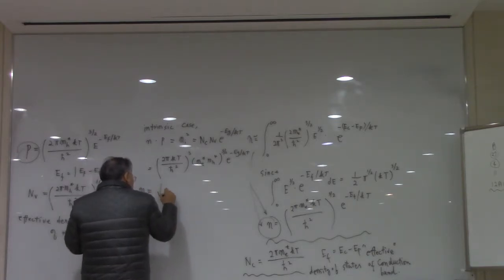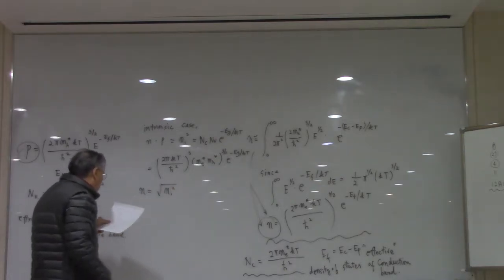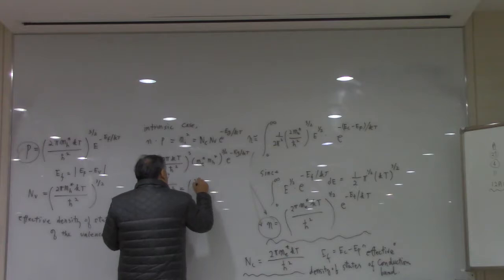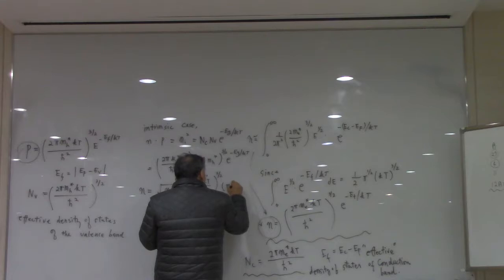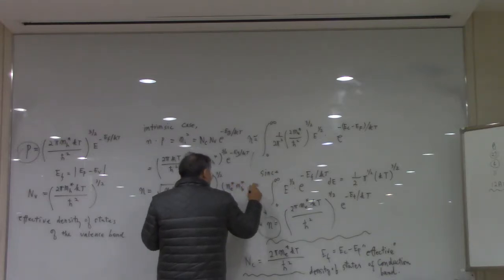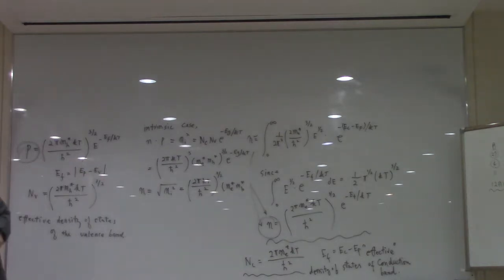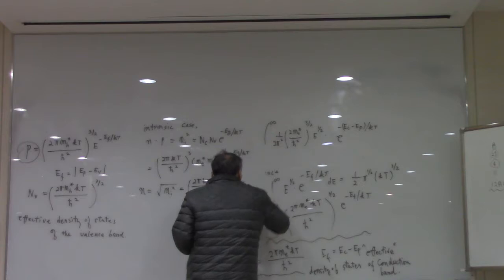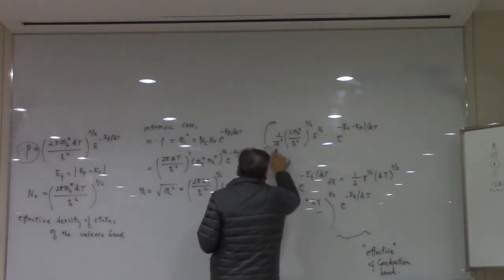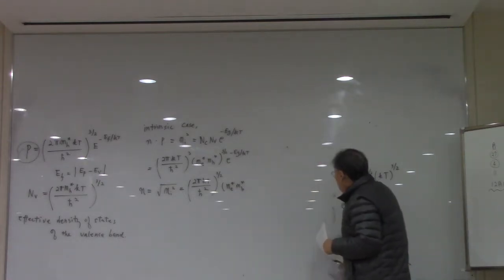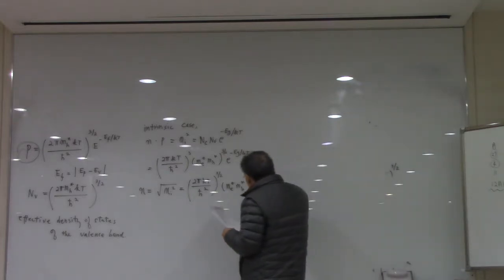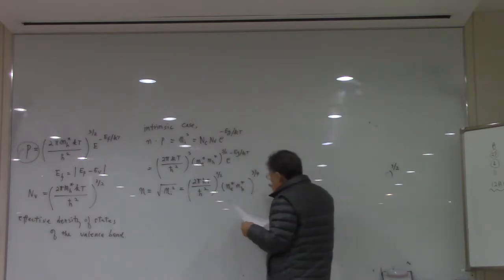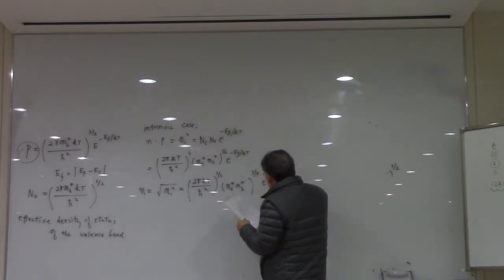Then N, which is the square root of N square, can be written as KT over H bar square to the 3/2, and then mE star mH star to the three quarters, e to the minus EG over 2KT.